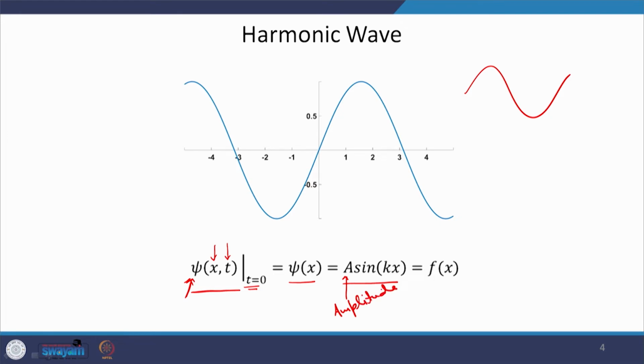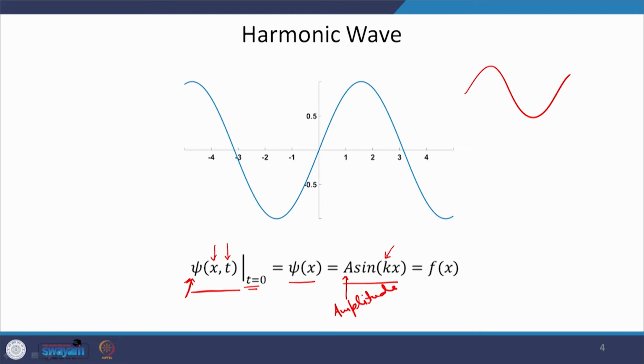Now, the insertion of k is necessary. Why? If you take sine of x, this would not be allowed, because x is a dimensional quantity, x is distance, x is length, and you cannot take sine of a dimensional variable.